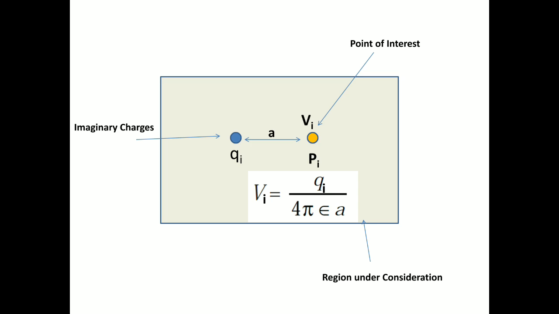Then small a indicates the distance between the point of interest and the imaginary charge. Epsilon indicates the permittivity of that medium, or you can say the region under consideration. So once the medium is selected, once the positions of imaginary charges are fixed, and once the point of interest is fixed, the values of a and epsilon are going to be constant.